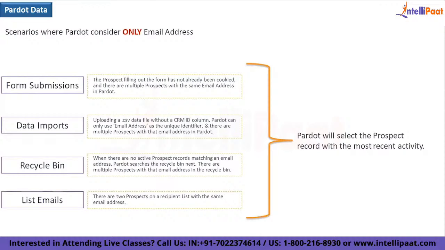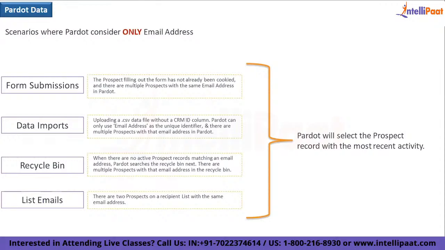Take an example. Let us say Tracy's email address is found on Pardot prospects in 3 different locations. So on the prospects, you have 3 records with the same email address but different CRM IDs: prospect A, B, and C, all with the same email address.